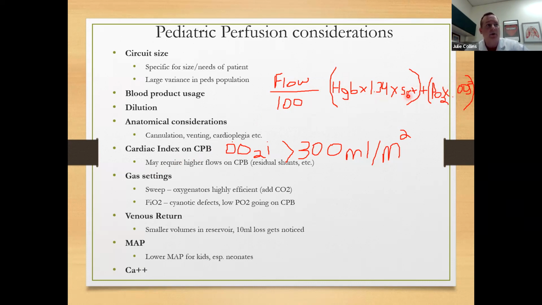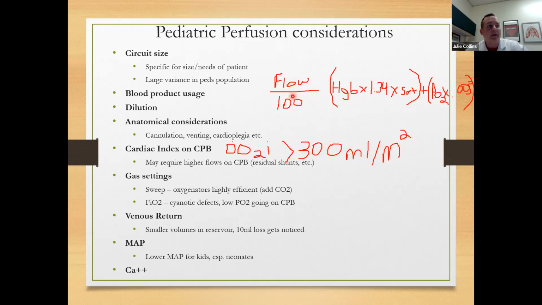We take that number and multiply it by the flow divided by 100. That gives us oxygen delivery. And then ultimately, we divide that by the BSA, and that gives us oxygen delivery index. So for peds, we really want to target greater than 300 mils per minute.